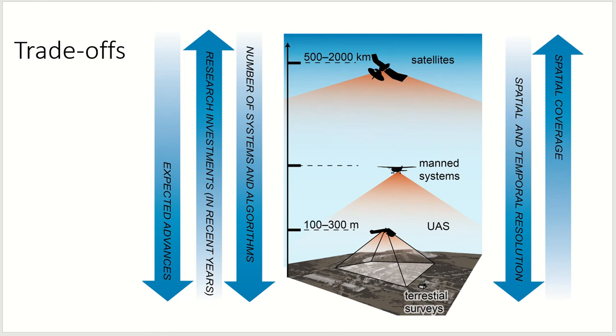So learning about these different types of resolution, really qualities of the sensor system that have implications for the quality of the data, there are a number of trade-offs. This figure that I pulled from an open source paper shows the change in field of view from unmanned aerial systems to manned systems to satellites. You can also imagine that there's a difference between different satellite systems.